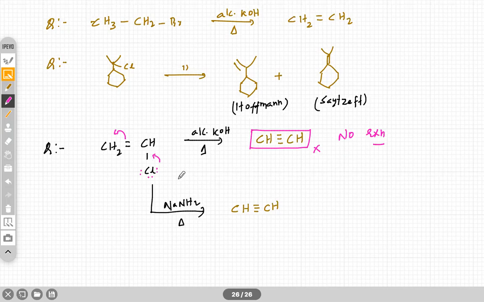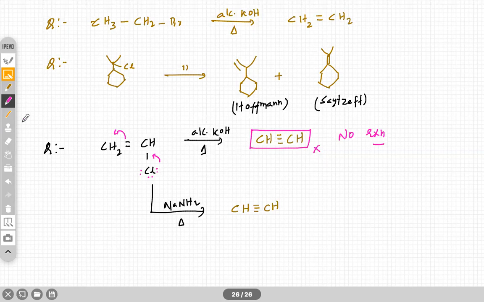That is why this chlorine is difficult to extract. So for this, we require a stronger base which can take this chlorine out. Alcoholic KOH is not strong enough. We need a stronger base than KOH.